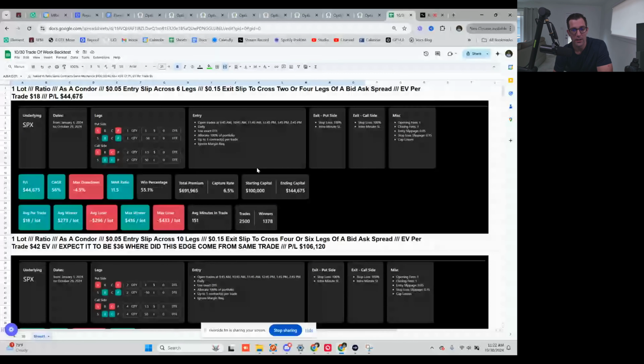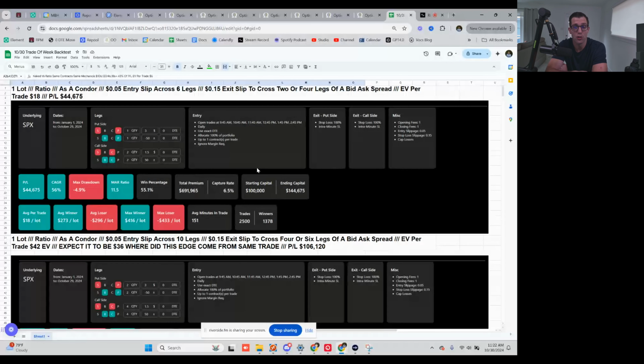Now, if there's a fire and you have a stop loss and everyone's trying to get out that stop loss, now imagine to get filled, you have to cross the bid ask on two legs. So that would be more similar. Instead of just you running out of the fire in the movie theater, you now have to run out of the fire and you have to find your son to grab them to get out of the fire. It is most likely going to take you longer to do that. So that's something to put in mind.